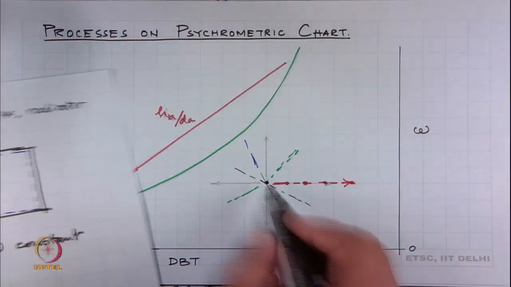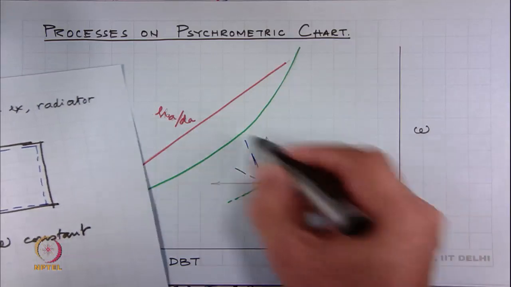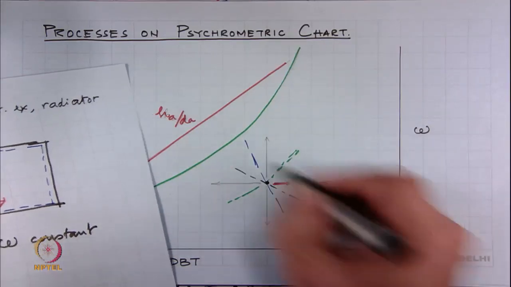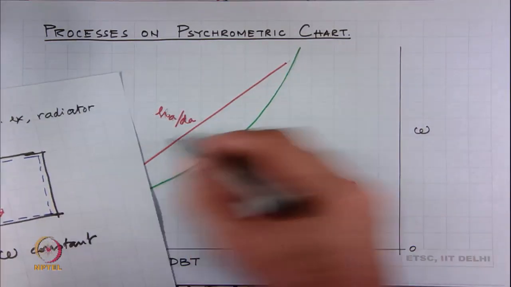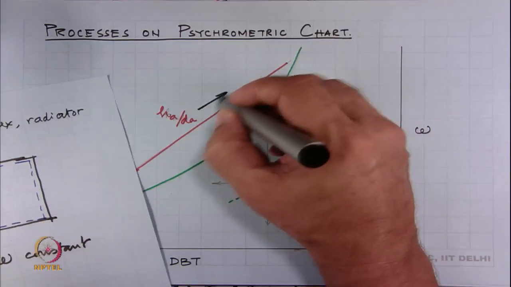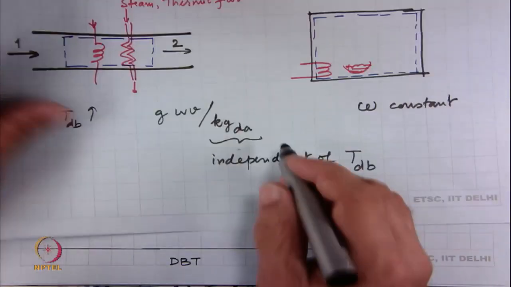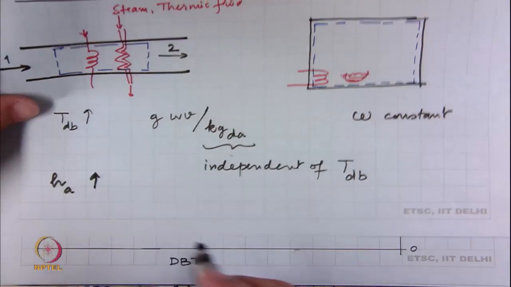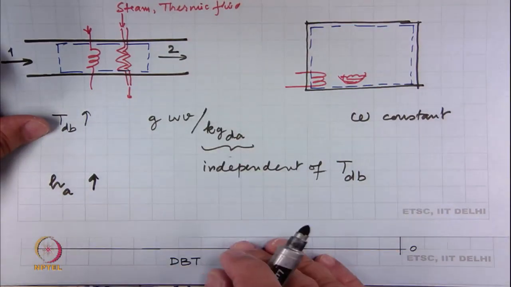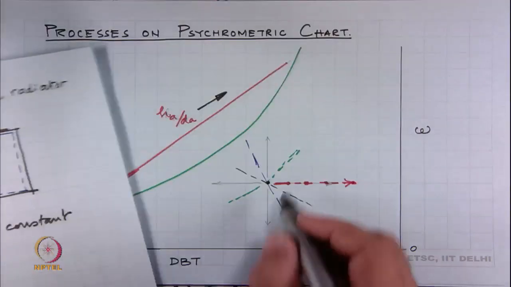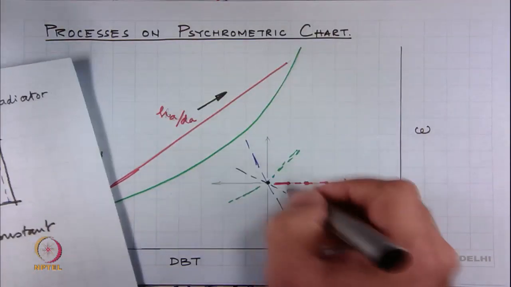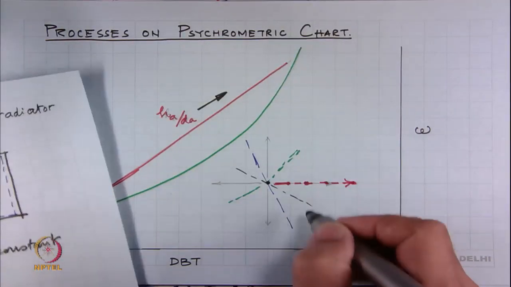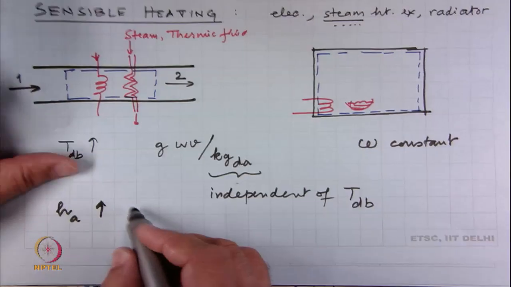The second thing is, see that as the state goes this way, the lines of enthalpy go off that way. If you read here, the enthalpy is increasing in this direction. So, when you do heating, h of air increases, and we can calculate that. At the same time, we can also see that the lines of wet bulb temperature, which are these dashed lines, also go up.